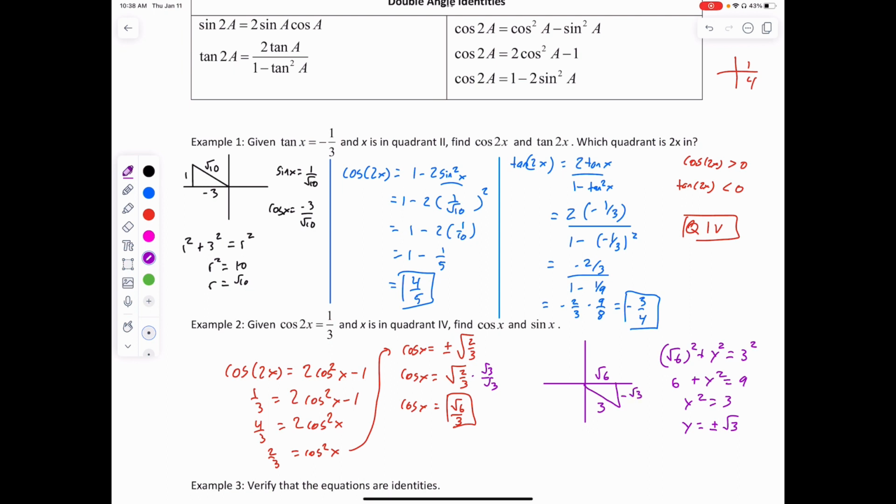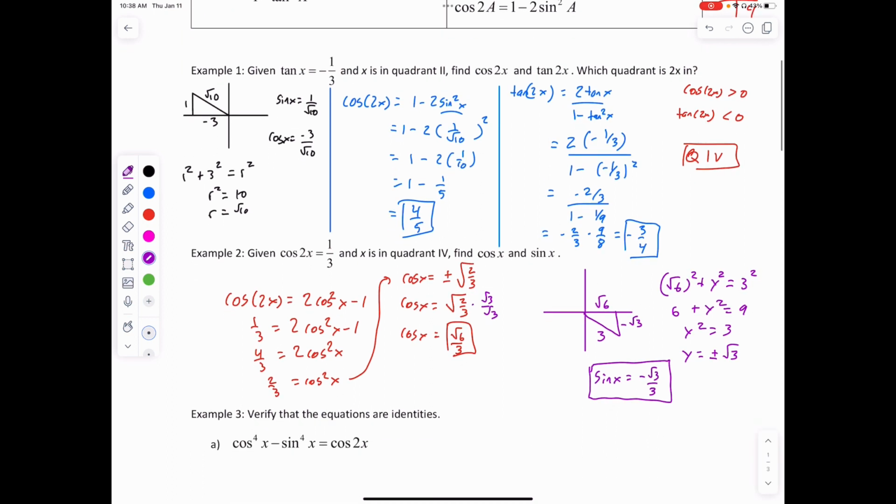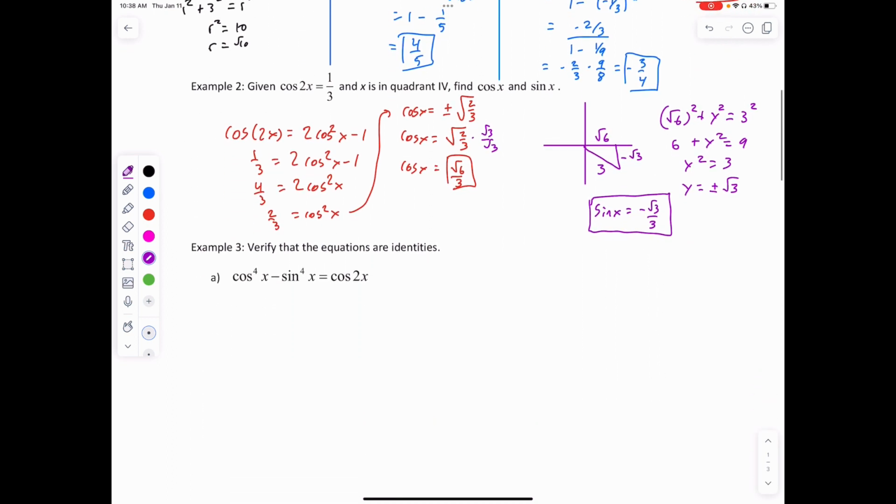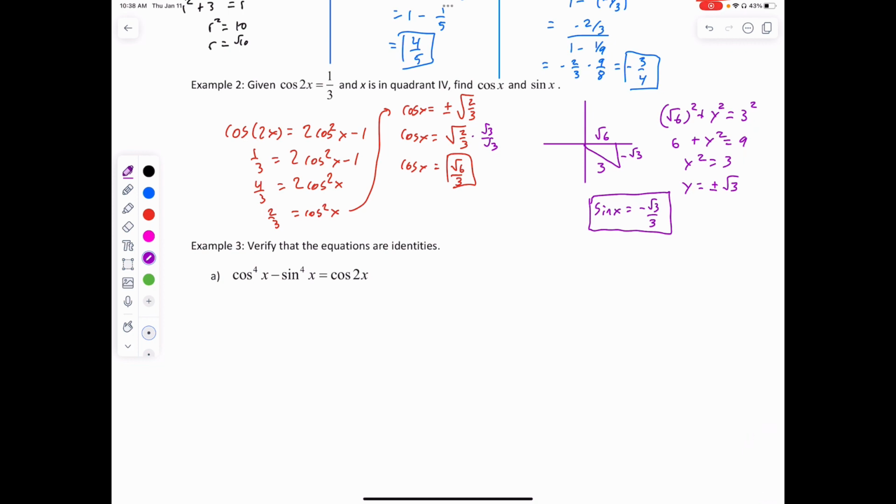And so the sine of the angle in question is going to be negative radical 3 over 3, opposite over hypotenuse.